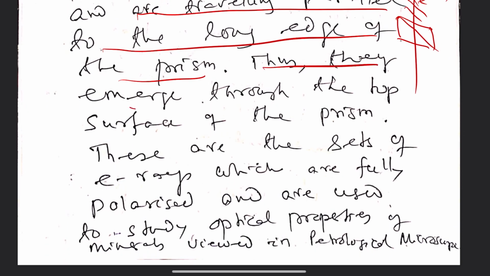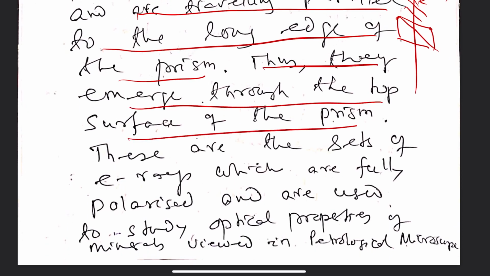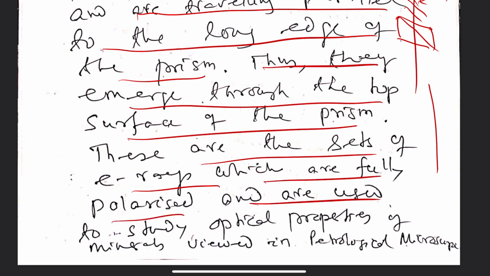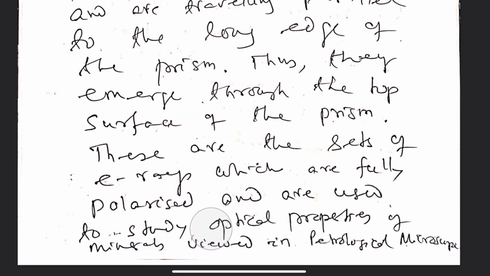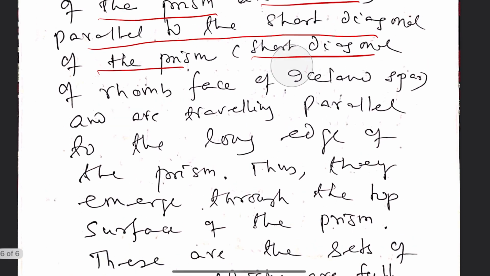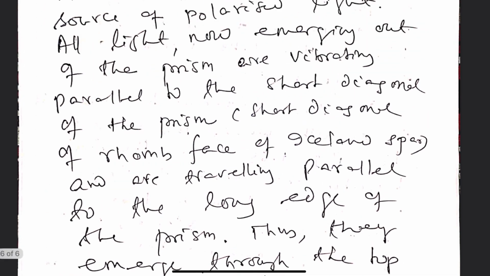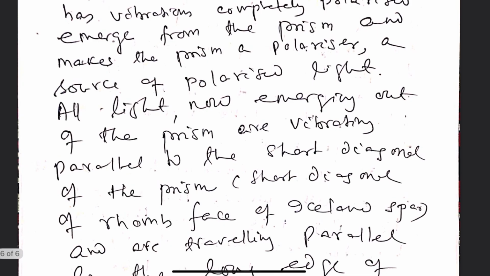Thus they emerge through the top surface of the prism, moving parallel to the long edge, and these are the sets of E rays which are fully polarized and are used to study the optical properties of minerals under the petrological microscope. So this is the very use of the Nicol prism as polarizer or as analyzer in the petrological microscope.